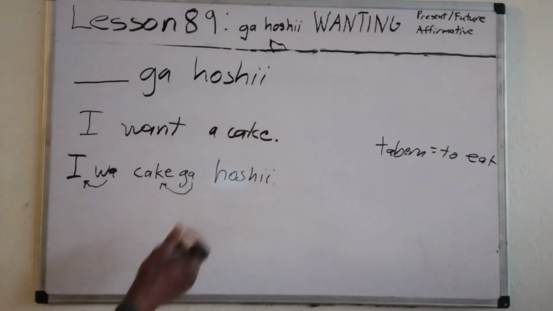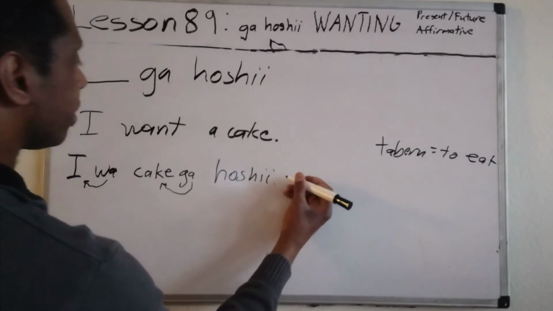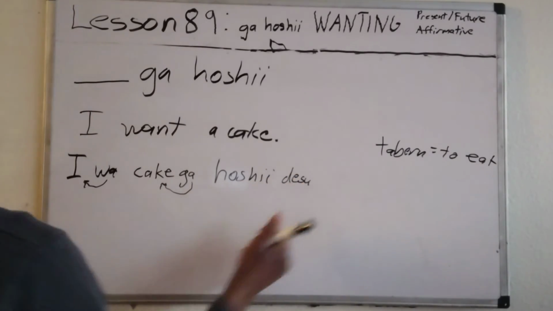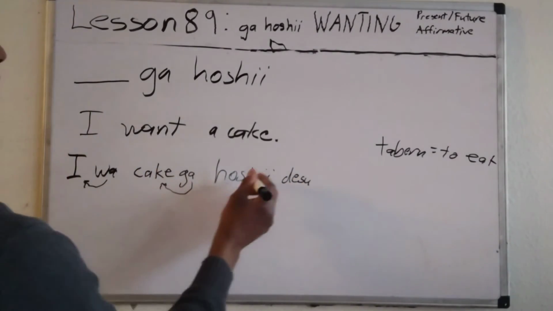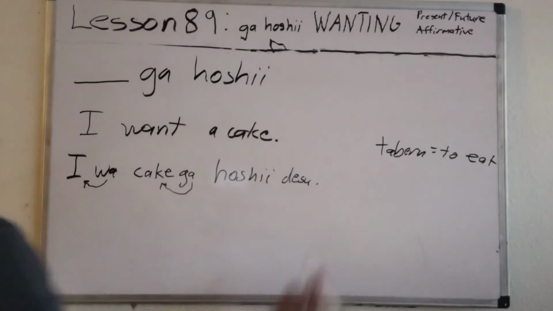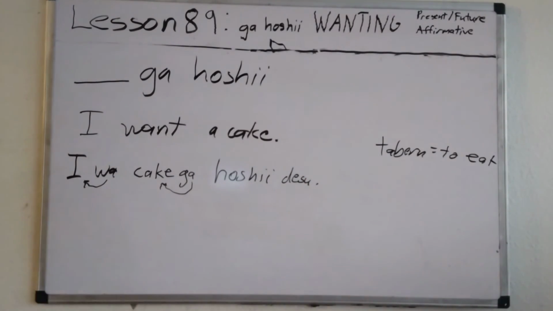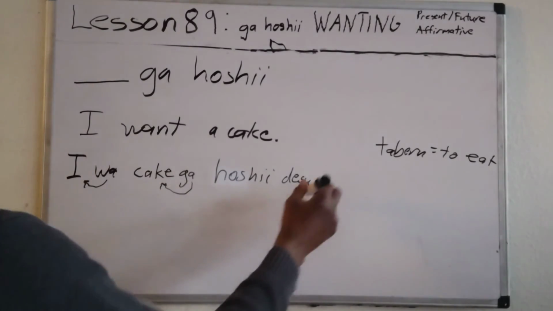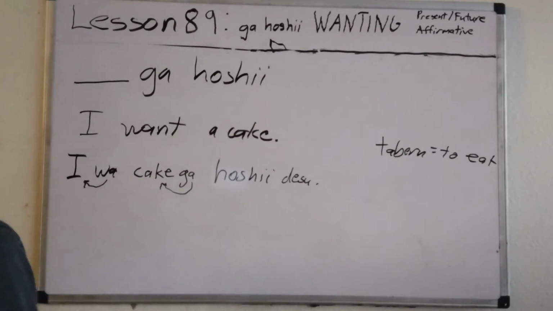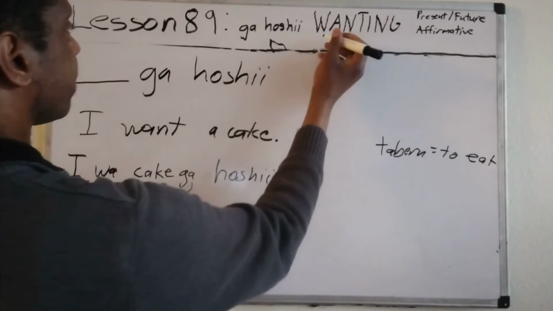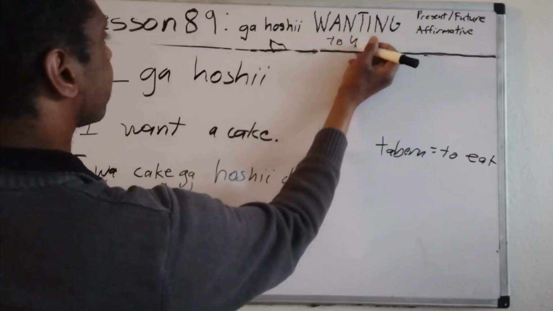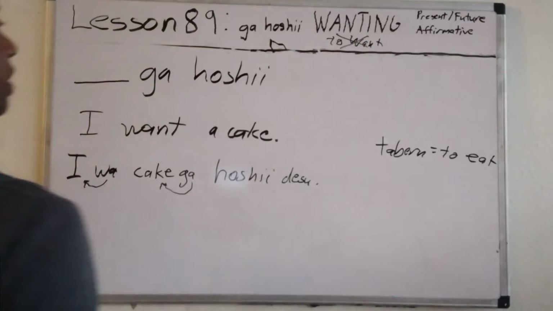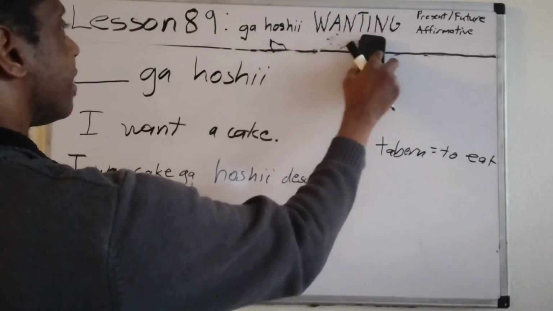Okay? So hoshii is to want. You might even say des. I wa cake ga hoshii des. Okay? So that's basically what we're showing. Hoshii means wanting, not to want, but wanting. You know, it's an adjective. Wanting, not to want. Okay?